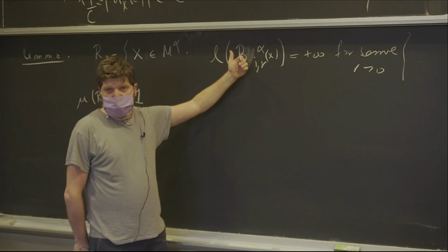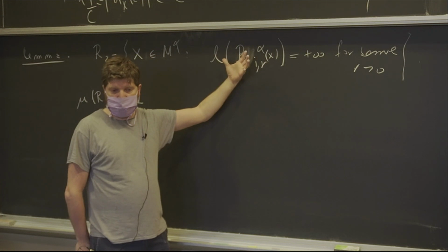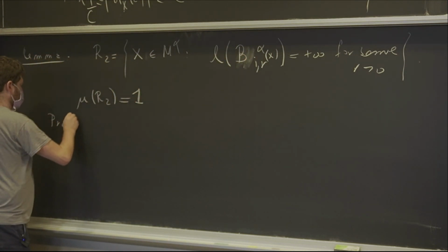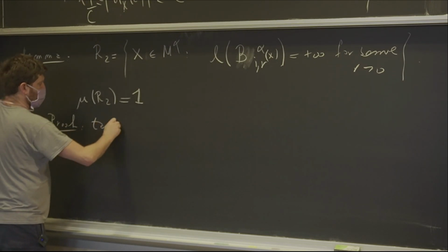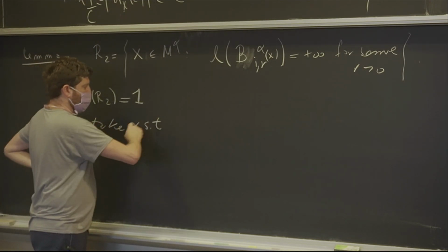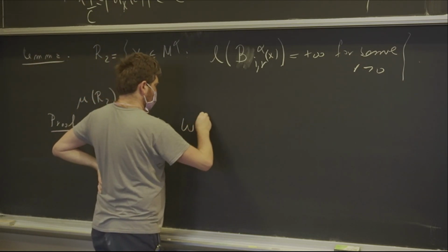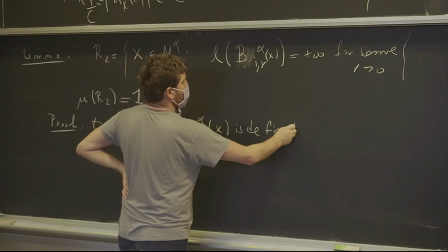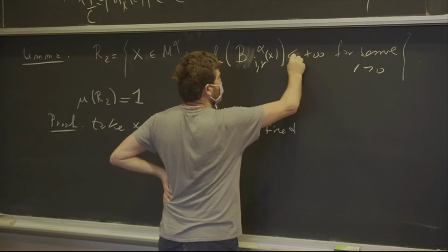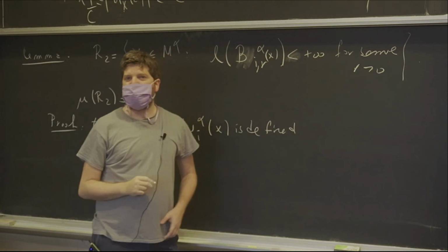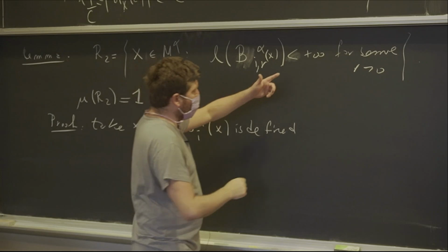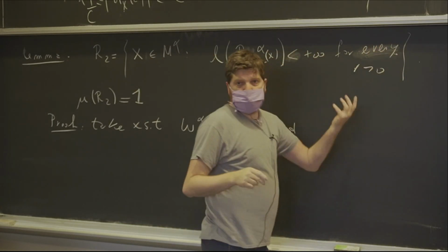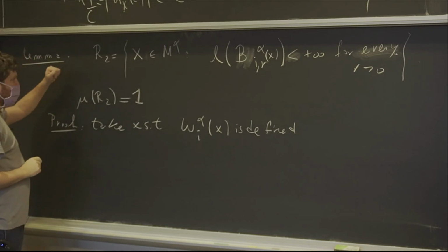But as soon as it is defined, you will have these lengths being bounded. So the proof is: take x such that W^i is defined. Okay, fine, you're right. If not, I should put measure 0. Yeah, I was right in the complement.